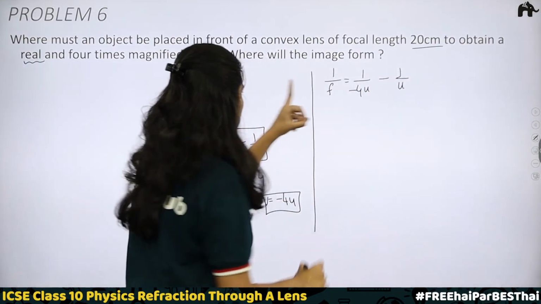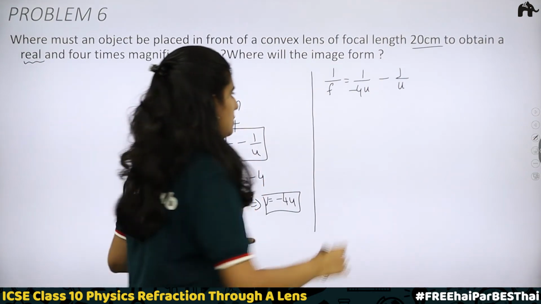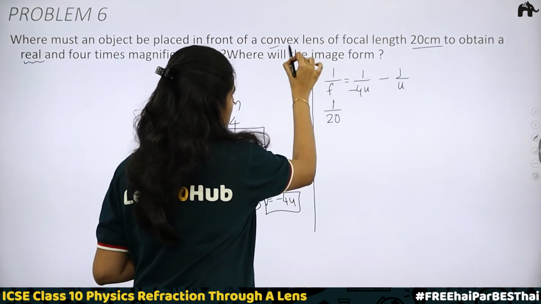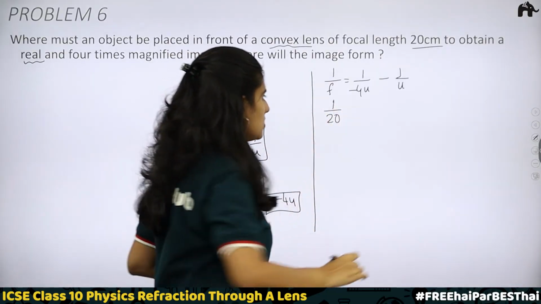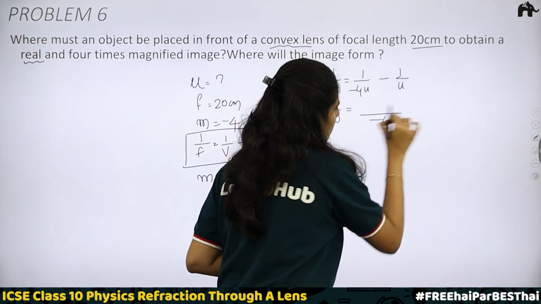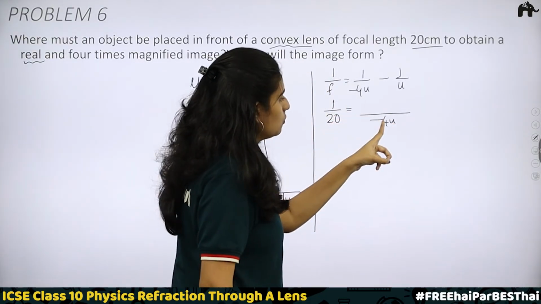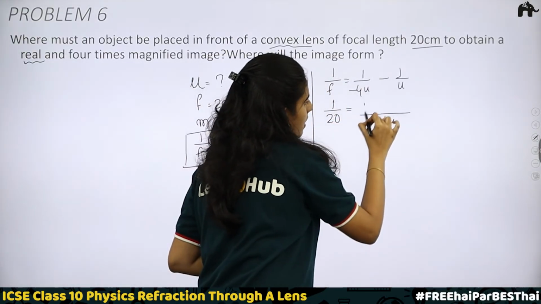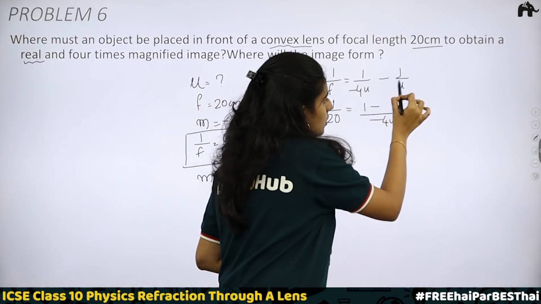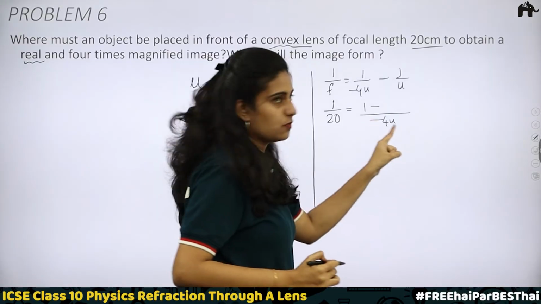We know the value of focal length, which is 20 centimeter. 1 by 20. Given it is a convex lens, for a convex lens, focal length is positive. Equal to, taking LCM, we get minus 4u in the denominator. Minus 4u into 1 is minus 4u. 1 into 1, 1. Minus, here we have u. U into minus 4 is minus 4u.